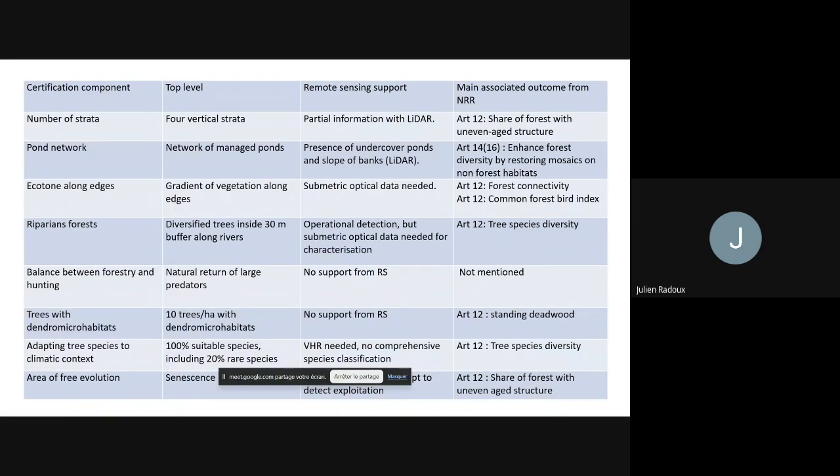So I see that the time is running, so I will quickly go through those. Maybe I will not spend time on them, because it's all in the document that is shared on the platform. Those are examples, but this is the full list of the guidelines.